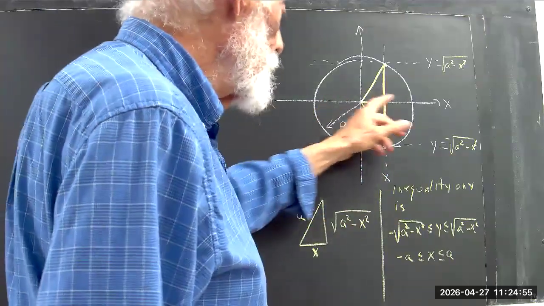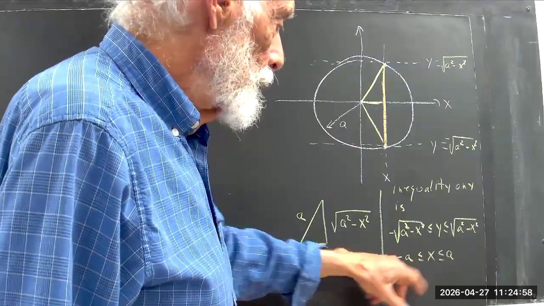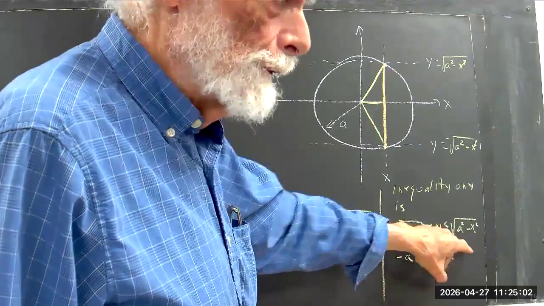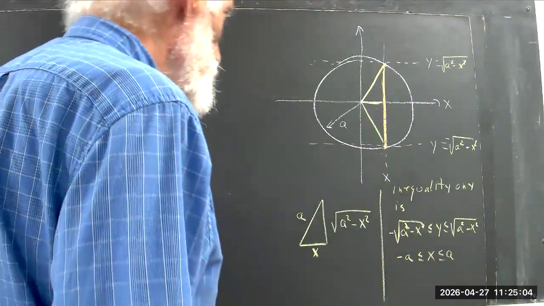Imagine x running from negative a to a, and for any given x, y runs from the negative square root of a squared minus x squared to the positive square root of a squared minus x squared.